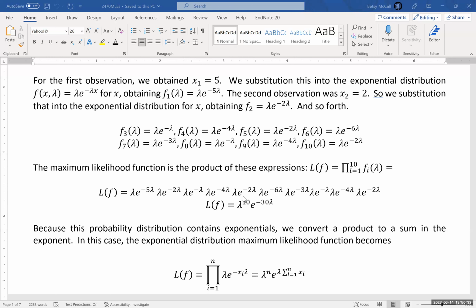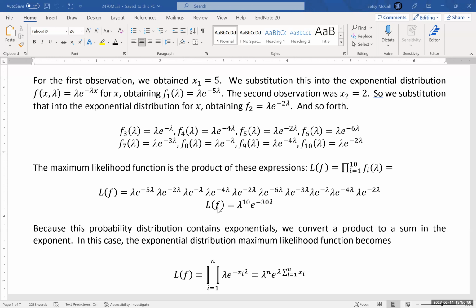You can get minimums. So sometimes when you do these problems, you will get a parameter equal to 0. That's clearly not a maximum. Or, depending on what kind of distribution it is, you may get a parameter equal to 1, which again might also not be a maximum. You have to think about what the parameter means.